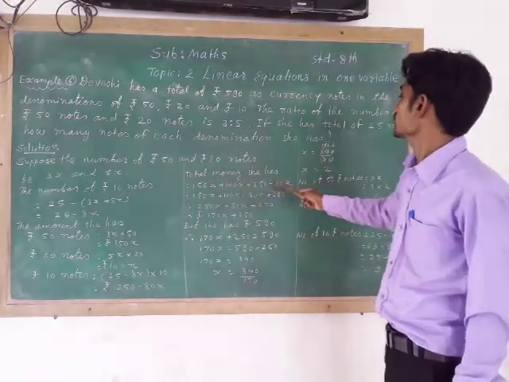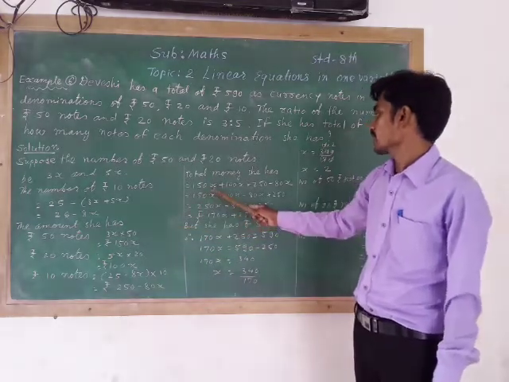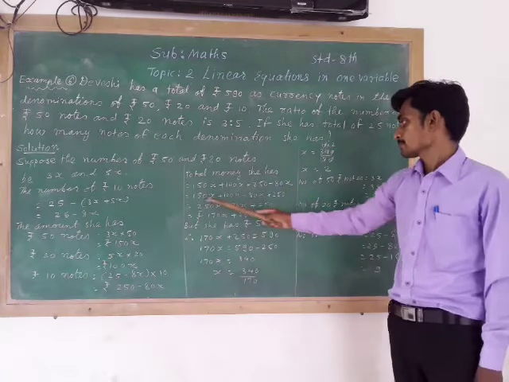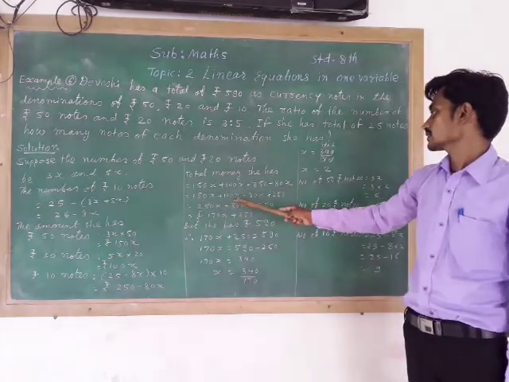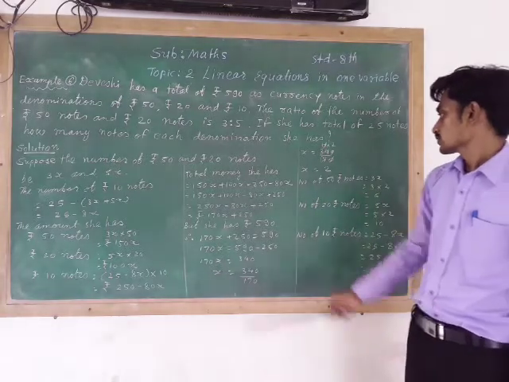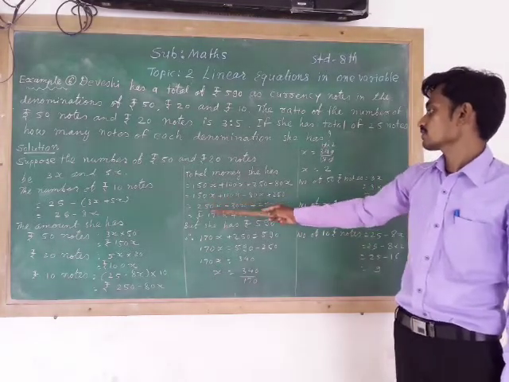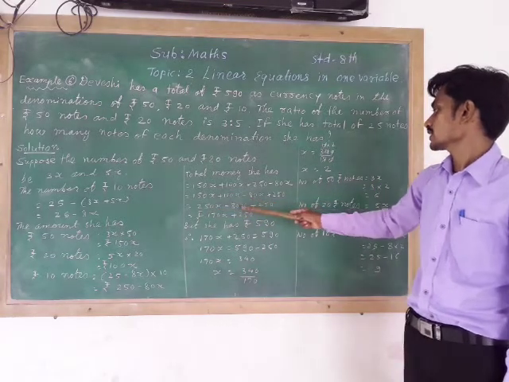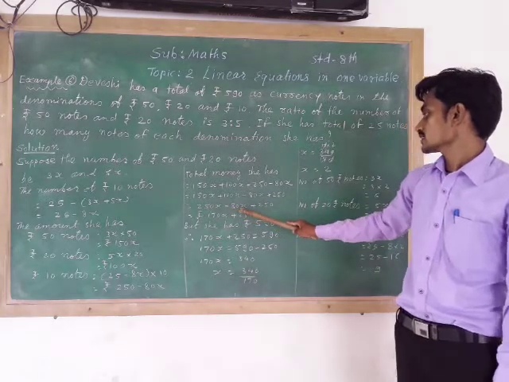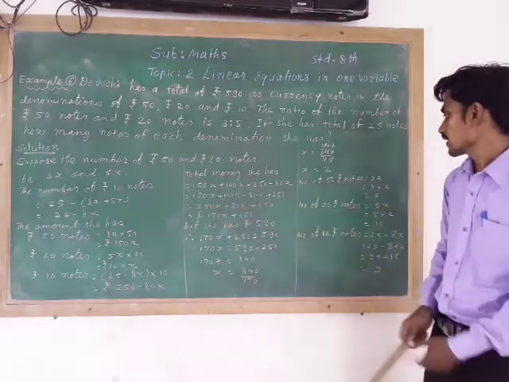So total how much money she has? 150x plus 100x plus 250 minus 80x. So 150x plus 100x minus 80x plus 250. 150 plus 100 is 250x, minus 80x, is 170x plus 250.